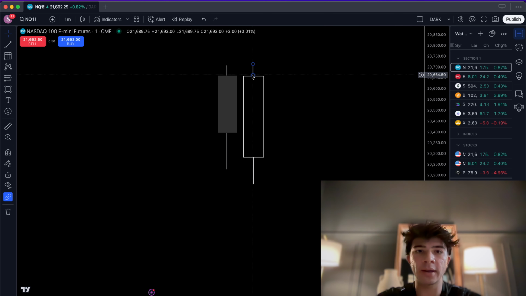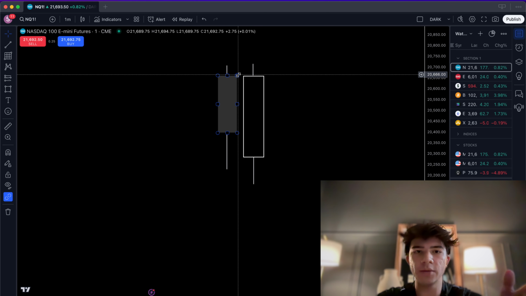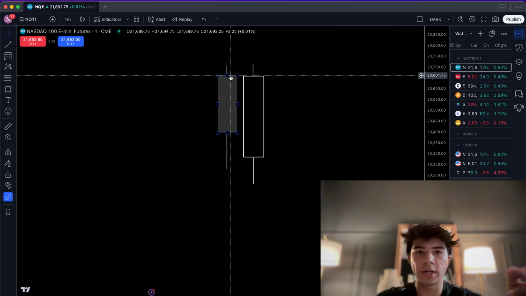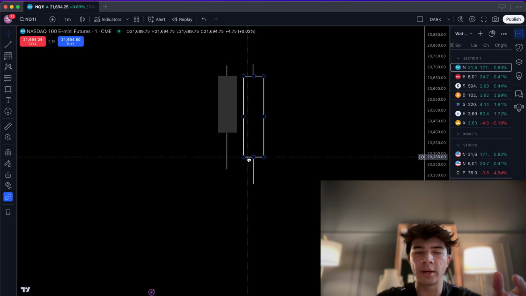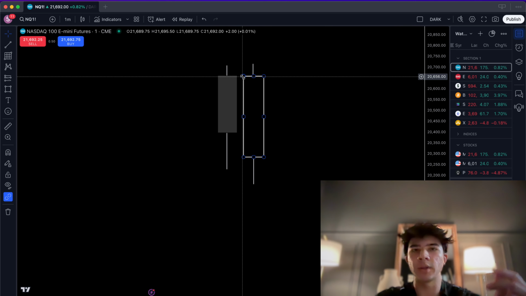Here it is black because price ends up closing lower in relation to where the previous candle closed. We close here, we open here, but we drop all the way down here, meaning it is going to end up being a black candle because price is lower in relation to the previous candle's closure.